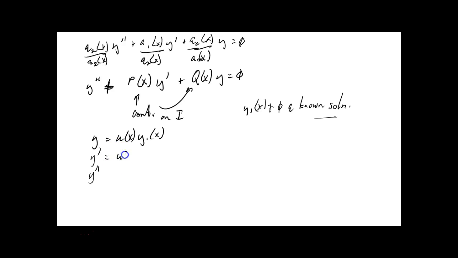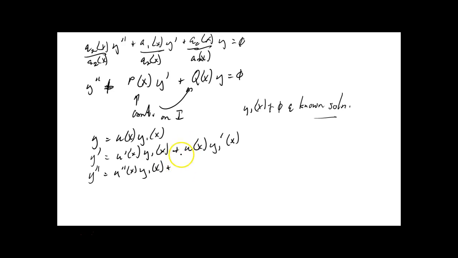u prime of x times y1 of x, plus u of x times y1 prime of x. Perfect. Okay? And then the y double prime is going to be u double prime of x times y1 of x. Perfect.